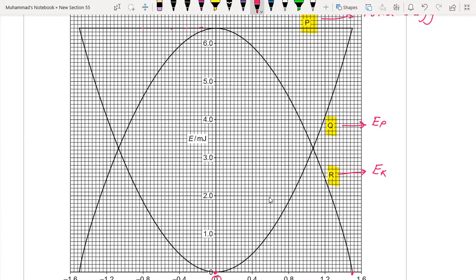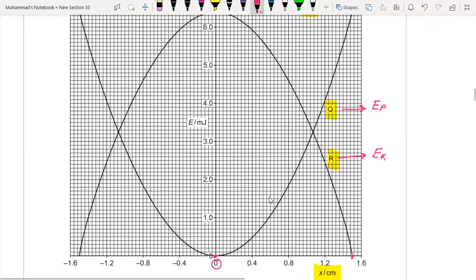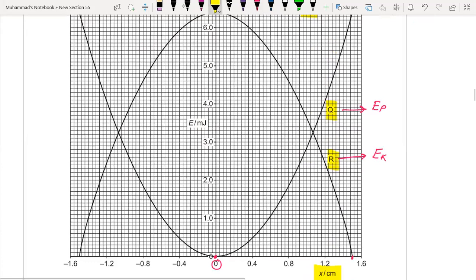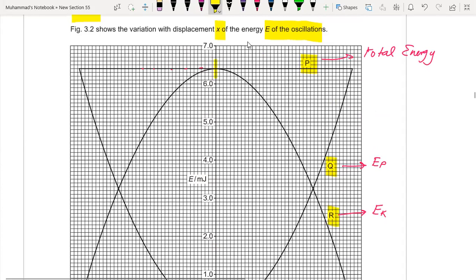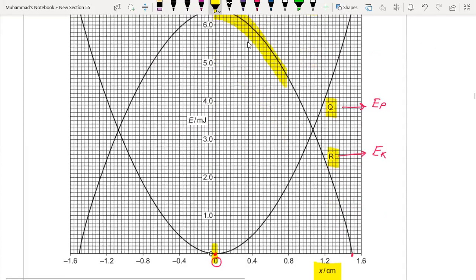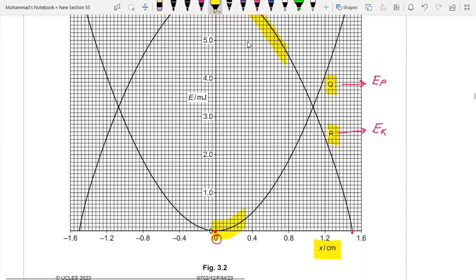Very simple and straightforward question. At mean position, potential energy is 0, but kinetic energy is maximum. As you move away from the mean position, kinetic energy decreases and potential energy increases. So the total energy remains same.